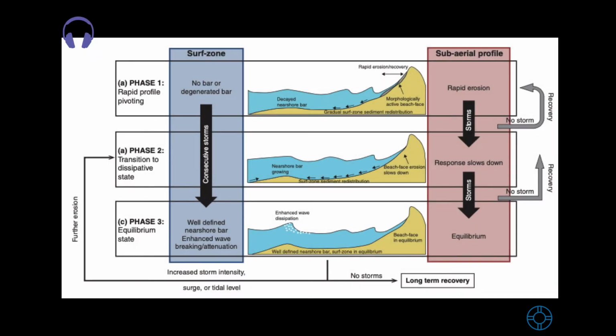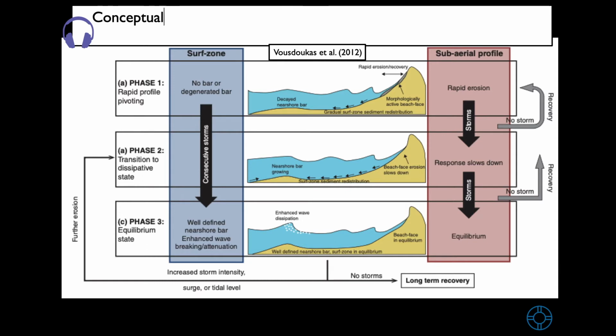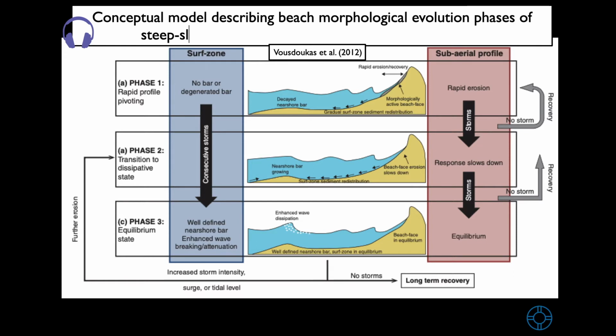Within this figure, Vouduskas and his collaborators in 2012 proposed a conceptual model describing beach morphological evolution phases of steep sloping beaches during consecutive storm events.